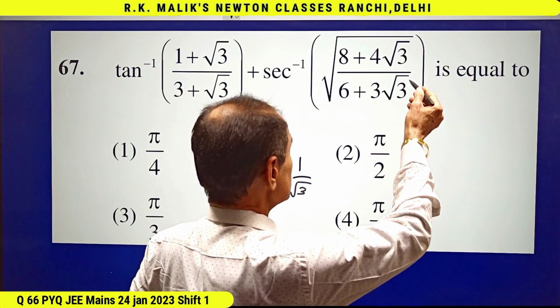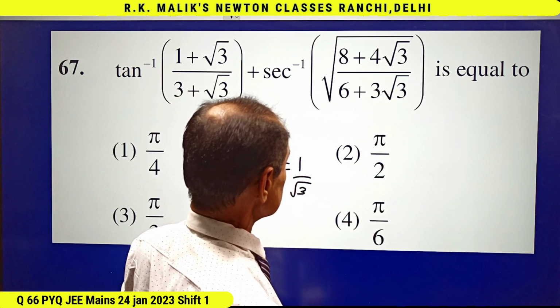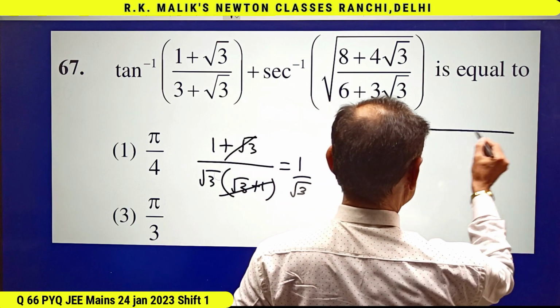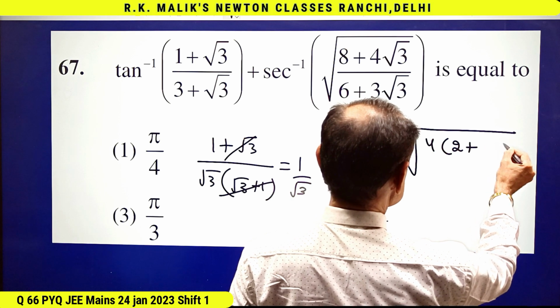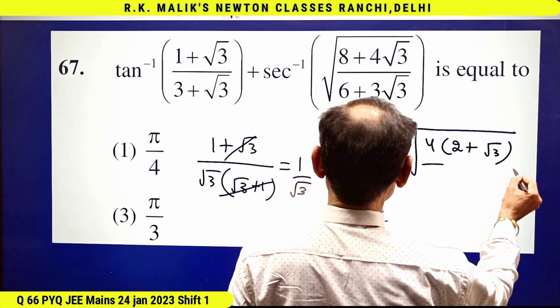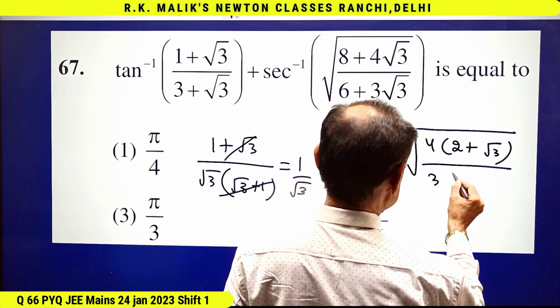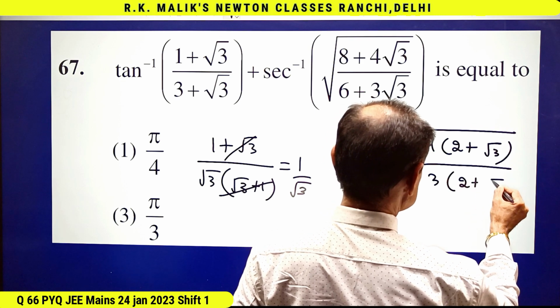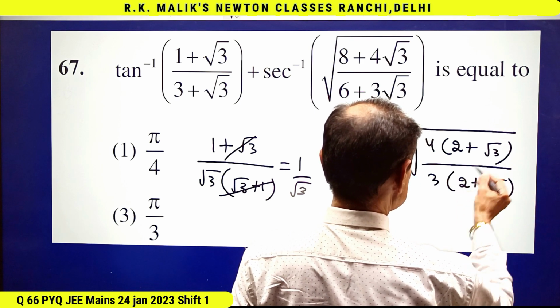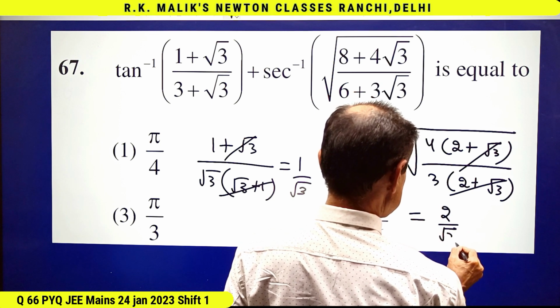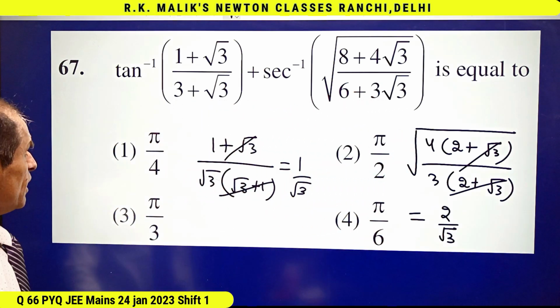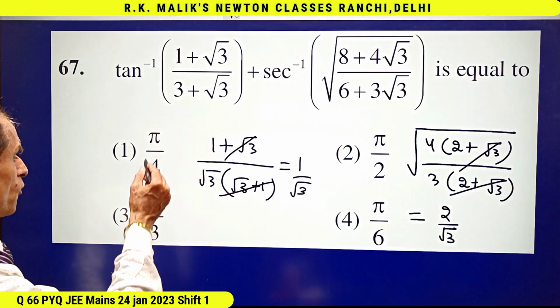And obviously, this can be written as under root 4 into (2 plus root 3) upon 3 into (2 plus root 3), that is 2 by root 3.